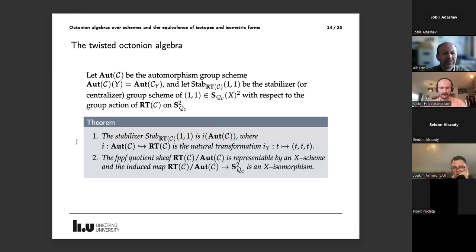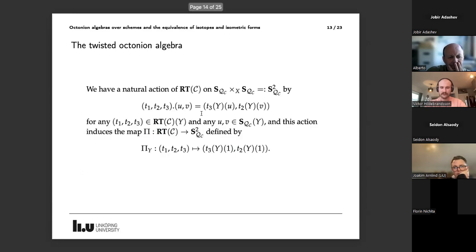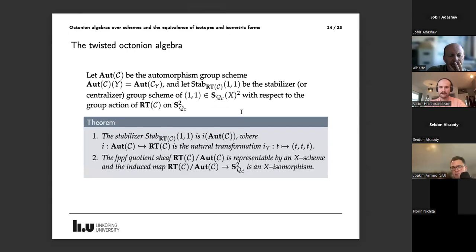Then part 2, that the quotient sheaf that we take by quotienting our scheme by this inclusion of the automorphism scheme is a representable scheme, and the map induced by this pi here is an isomorphism.